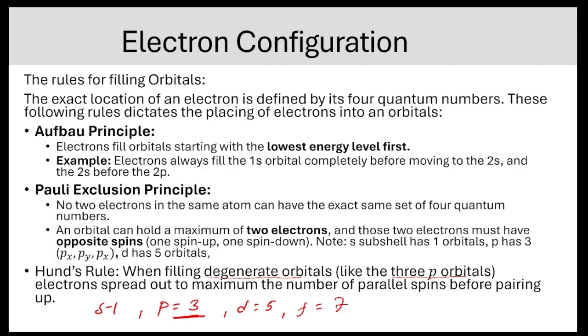This parallel spin minimizes electron-to-electron repulsion in an atom.